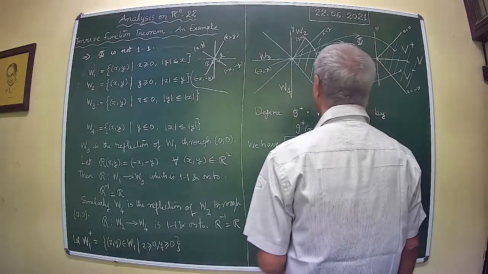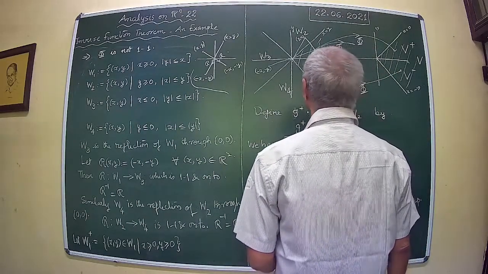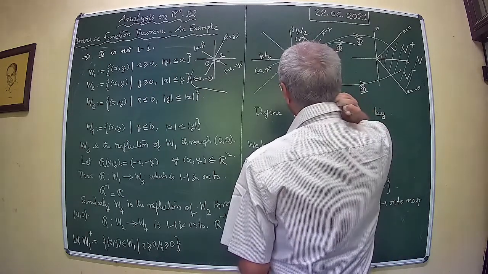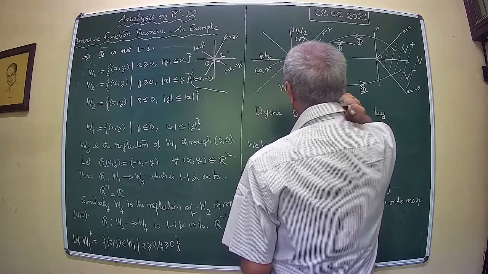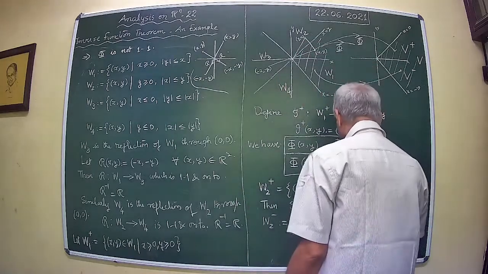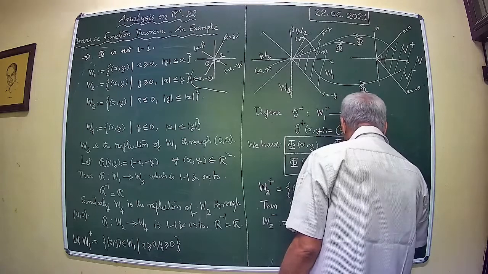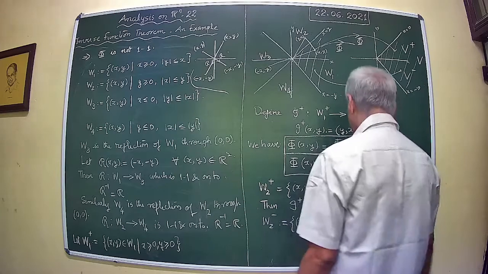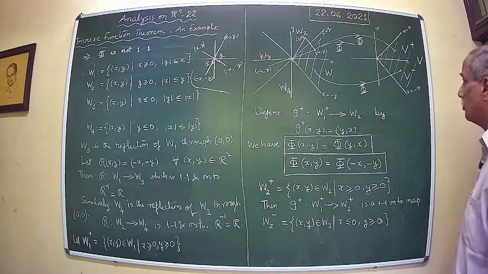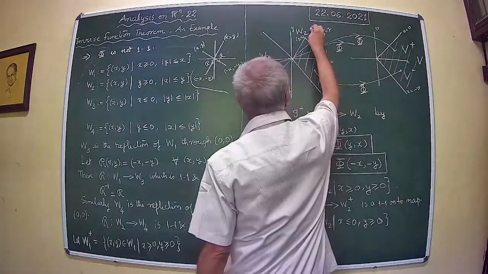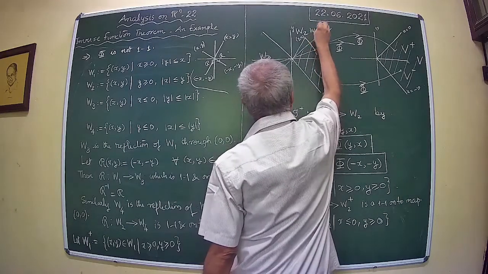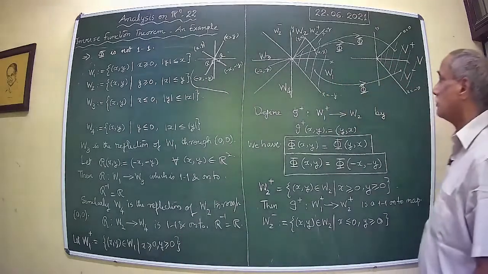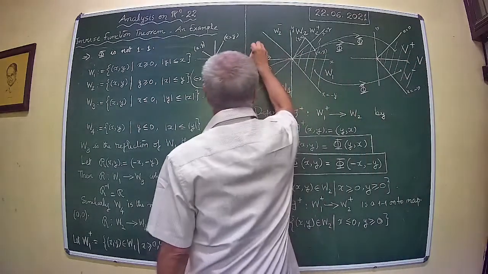So you have W2 minus. So this is W2 plus, minus, and this is W3 plus.